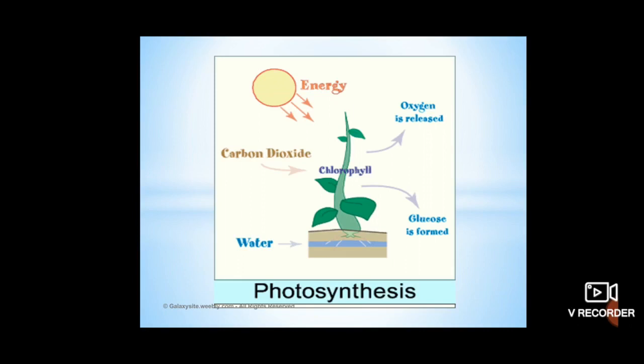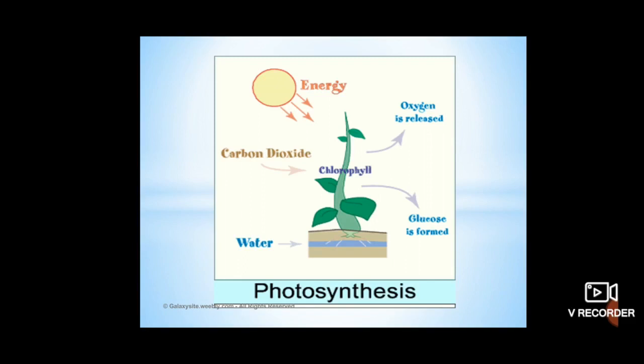So this is how the process of photosynthesis takes place. After the conversion of light energy into chemical energy, the food is formed in the form of carbohydrates, and the waste gas released by the plant is oxygen. That oxygen gas is released at the time of photosynthesis.